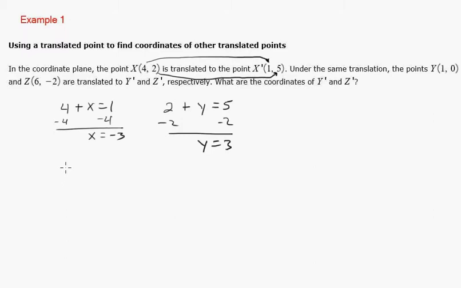So I don't know if I can draw this very well, but if we had a point 4, 2, and now it's at x is 1, y is 5. So somehow it got there. Well, how did it get there? Well, it went up 3 and it went back 3. I mean, I didn't draw it very well, but if we had grid paper, that's what we'd do.